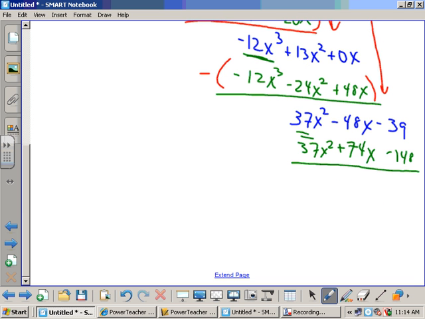Last thing we'll do is subtract: 37x squared minus 37x squared, we get 0.